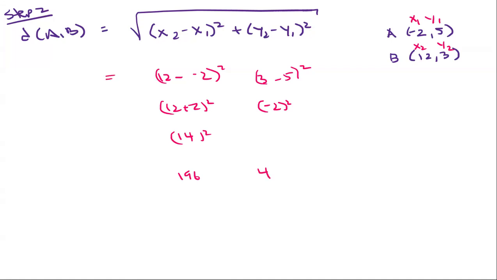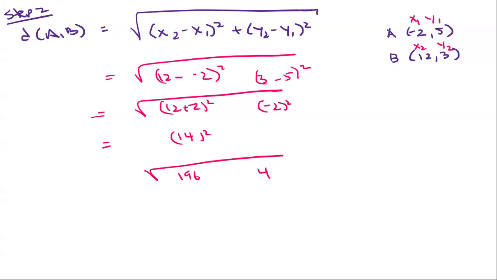All of this is still under the radical, so we add those. The square root of 196 plus 4 gives us the square root of 200. That's the distance of AB.